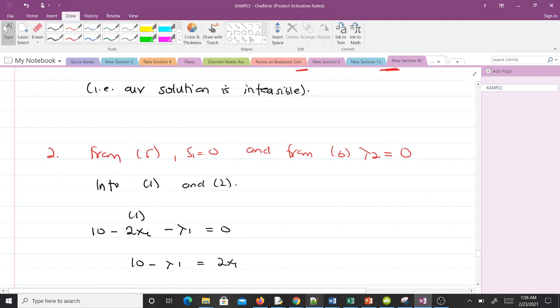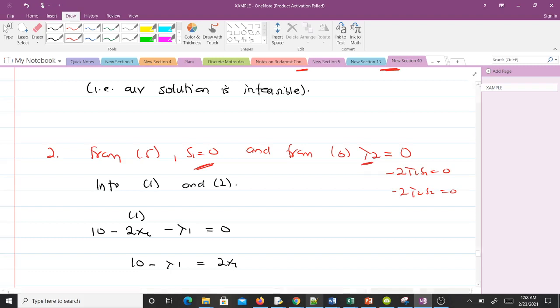Now from equation 5, which was minus 2 lambda 1 s1 equals 0, and equation 6, which was minus 2 lambda 2 s2 equals 0, we let s1 be 0 in equation 5 and lambda 2 be 0 in equation 6.